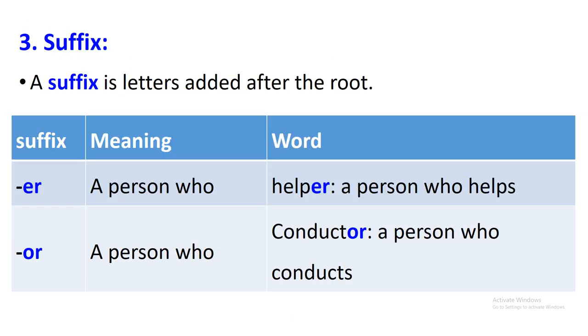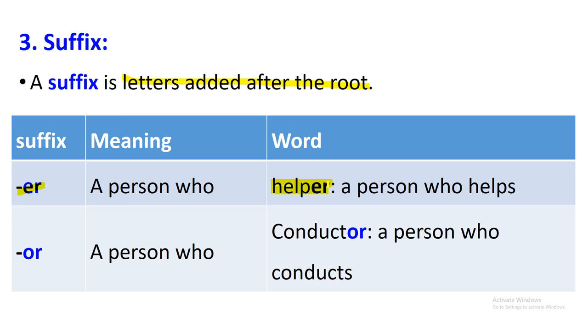Let's move to the suffix. A suffix is letters added after the root. I can add the suffix after the root. For example, the suffix er, as I have here in helper. What is the root? The root is only help. Then I added er, so it becomes helper. So er is a group of letters.